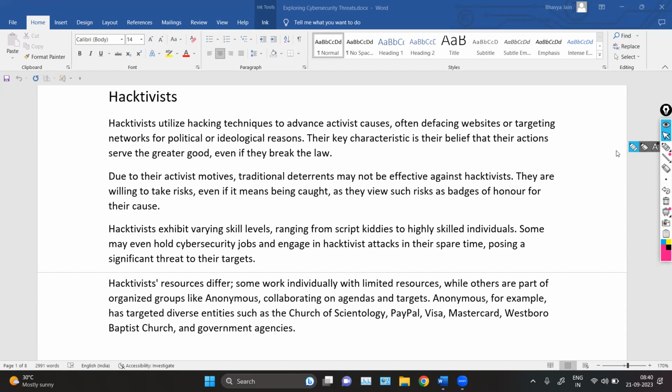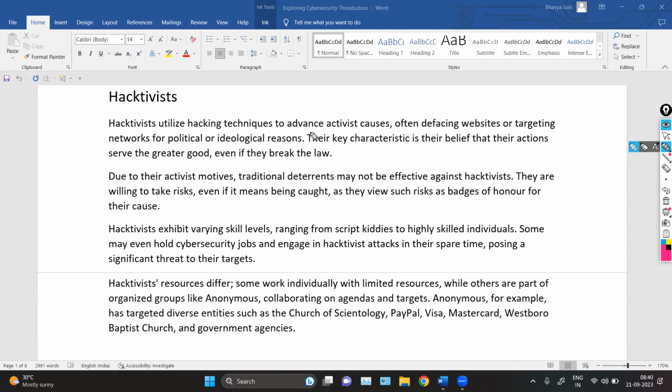They hack for any ideological reason, like a religious reason or any other reason.